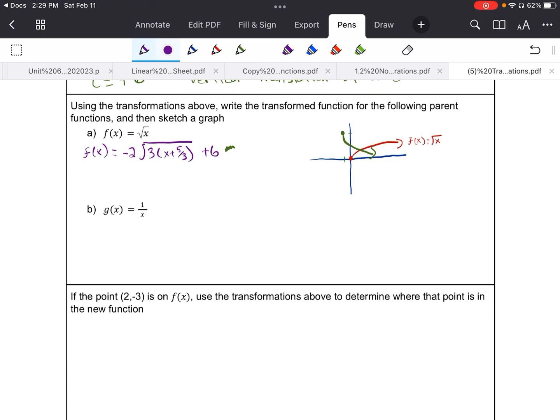Okay, down here with a reciprocal. So we have -2 bracket 1 over our 3 x plus 5/3, and then a plus 6. Okay, for this one, I'm not going to draw the parent function. We have it on another note. The big thing we need to know here is the -5/3 is the x asymptote, and the plus 6 is the y asymptote.